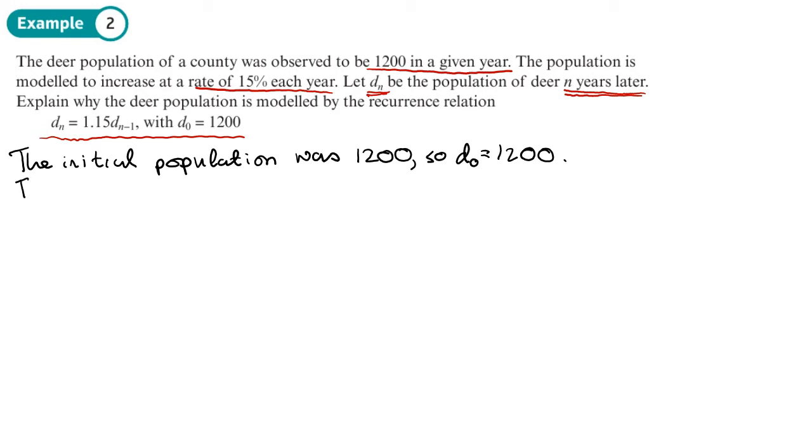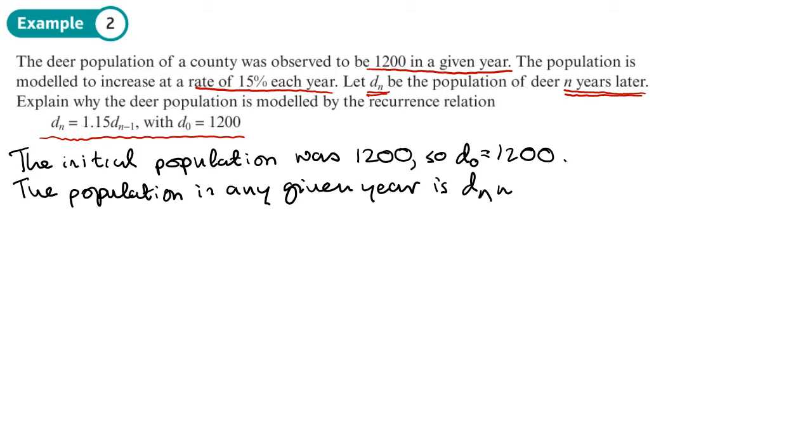The population in any given year is dn, which is what we're told in the question, will be the population in the previous year plus 15%.